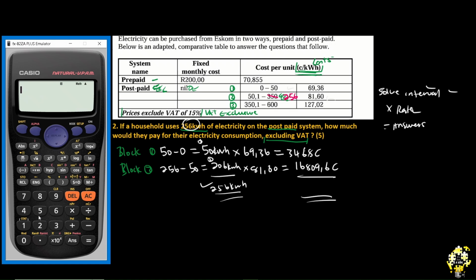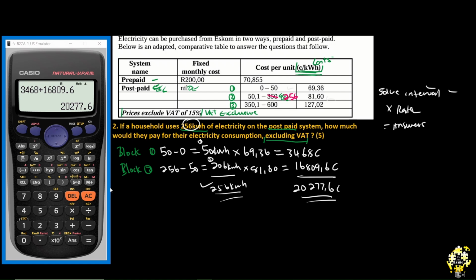Now let's go to our prices. Our prices is 3468. Isn't it 3468? And then we add that to 16809.6. What do we get? We get 20,277.6 cents.